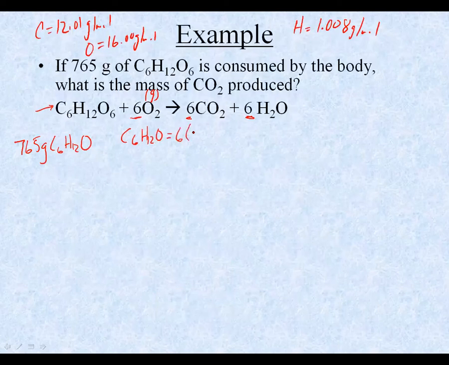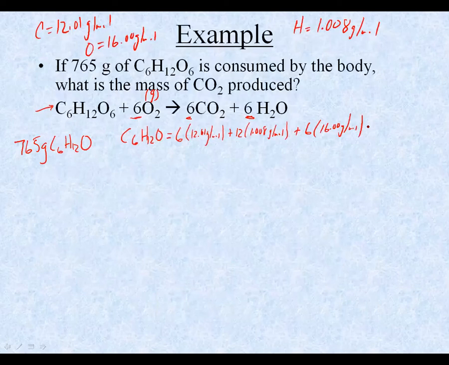That's going to be 6 times 12.01 for our carbon, plus 12 times 1.008 for our hydrogen, and then we have 6 oxygens, so plus 6 times our 16 grams per mole.